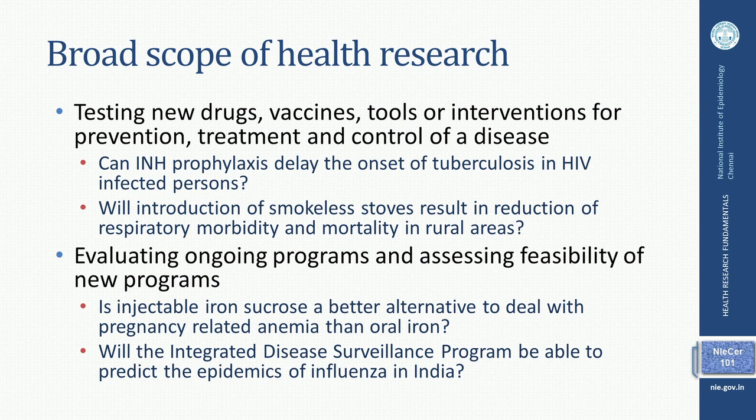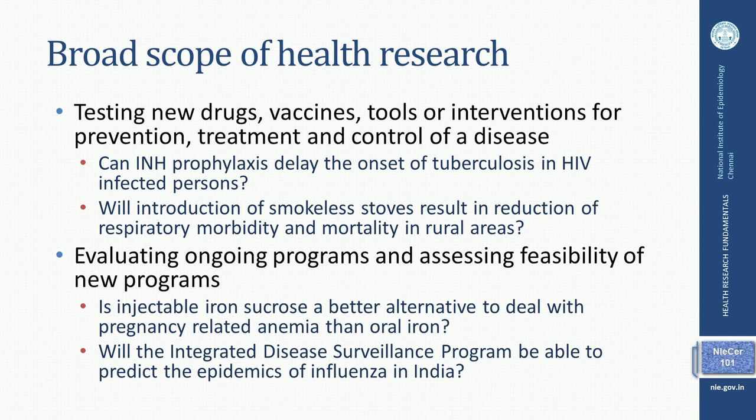One more important area in health research is the testing of new interventions like new drugs, new vaccines, new tools or newer prevention and treatment technologies. For example, it has been said that tuberculosis is one of the most common dreaded complications in HIV infected individuals, and mostly this is the disease which eventually kills them.